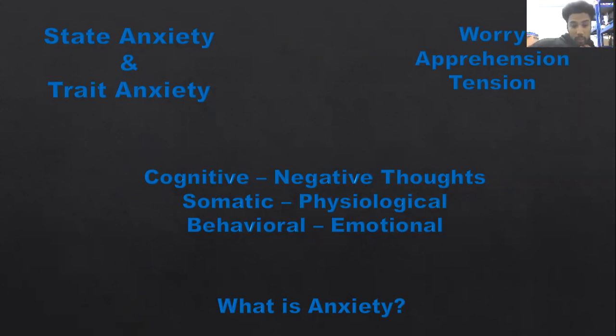Then the third one is behavioral. So it just could be the way you act as a person. You might start to get angry, you might start to behave quite erratically. You might start to be more humorous than normal, or you just might quieten down a bit because you're nervous. You're tense. You just want to quiet up and keep yourself to yourself. So those are how it can affect us in terms of bodily or behavioral ways.